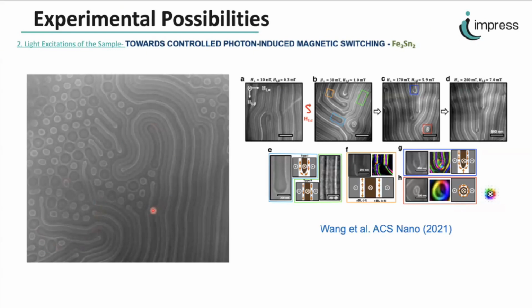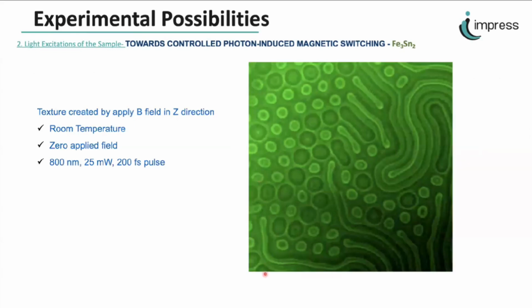In this sample, we can create a mixture of magnetic bubbles and helical phases at room temperature. Okay, if we go down, let me play this video.